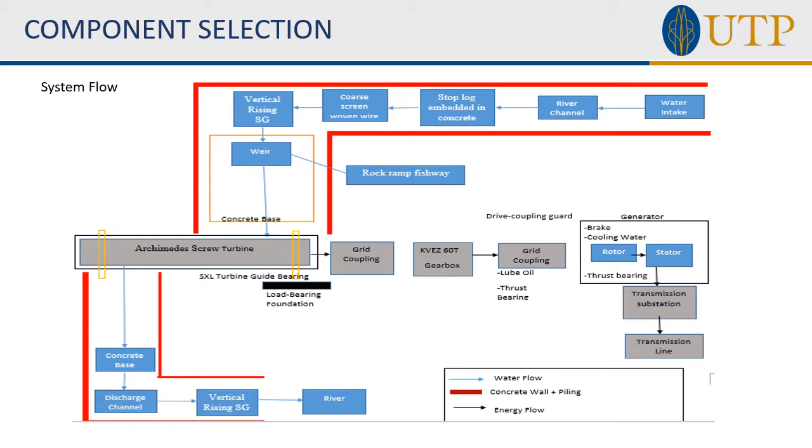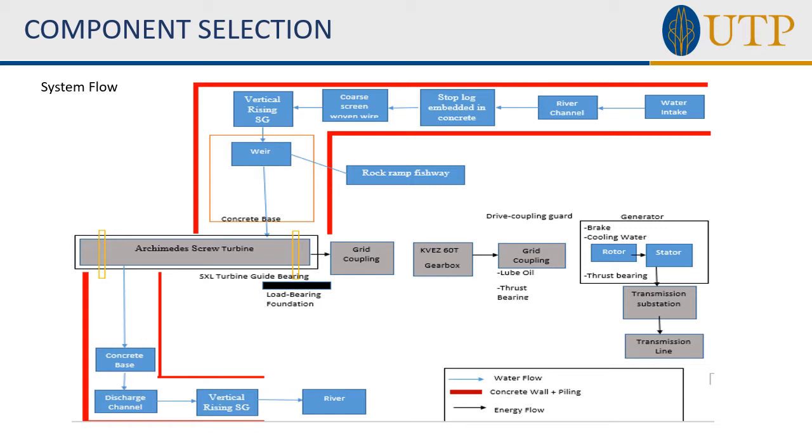kinetic energy and convert it to mechanical energy, and the mechanical energy will rotate the grid coupling and also the gearbox. The KVEZ 60T gearbox will rotate, and the grid coupling will rotate also. After that, the rotation will rotate the rotor and stator in the generator.